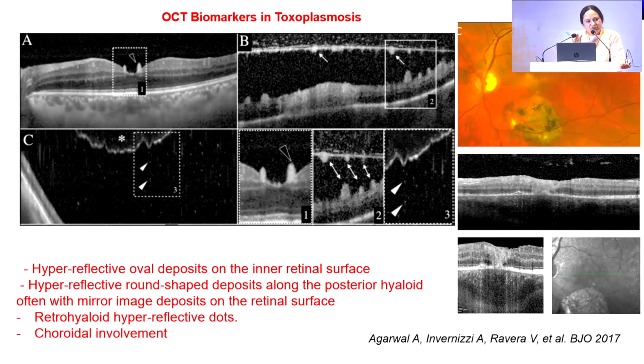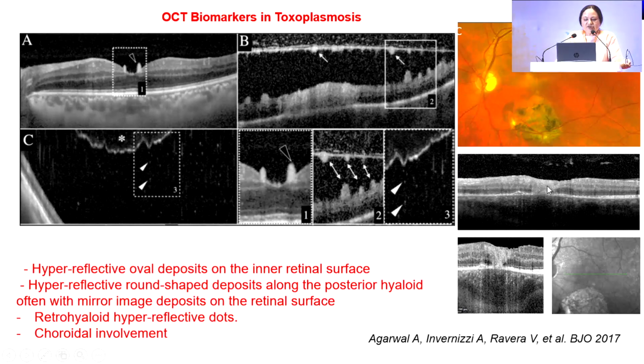Now, what are the OCT biomarkers which will show that it is probably a toxo etiology? In a clear media, through the lesion of retinitis, if you see these oval deposits on the inner retinal surface, if you see these round deposits on the posterior hyaloid and these mirror images, hyaloid and retinal surface, these are the ones which are very classical for toxoplasmosis.